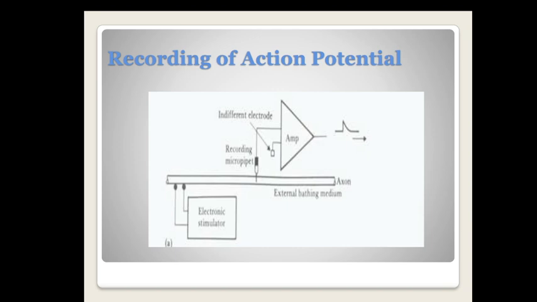Recording of action potentials. For this we use electrodes. See here the electronic stimulator which is applied to the outer side of the skin layer. From that the signal will be acquired and amplified through the instrumentation amplifier.